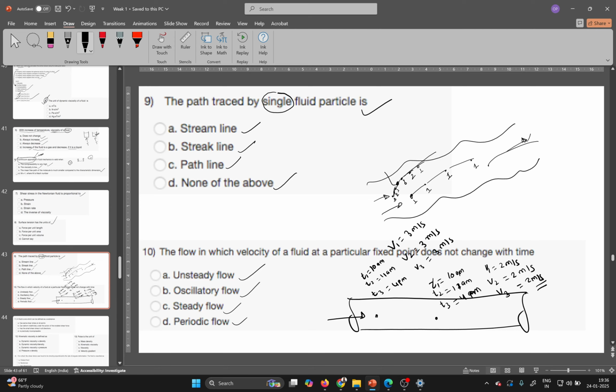So at a particular point, with respect to time, when we measure velocity, it is constant. You can see here at 10 a.m., 11 a.m., 4 p.m., your velocity is 3 meter per second at this particular point.